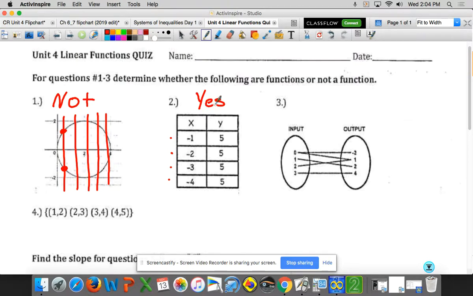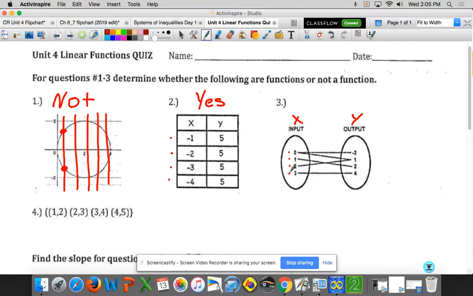Now, for number 3, it is very similar to number 2. All we're going to look at here is an input and an output. Input is another word for x, and output is another word for y. We have x values 0, 1, 2, and 3 going to different y values.